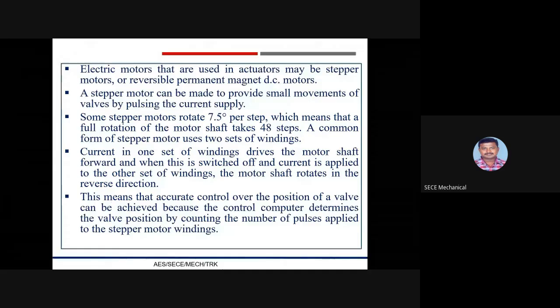Depending upon the rotation, clockwise or anticlockwise, some coils get power supply and some do not. This means that accurate control over the position of the valve can be achieved, because the control computer determines the valve position by counting the number of pulses applied to the stepper motor windings.